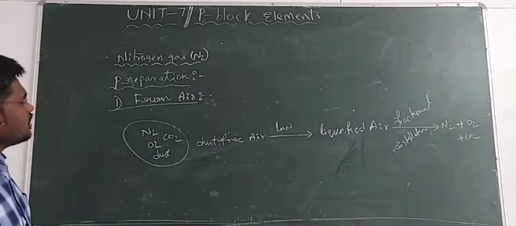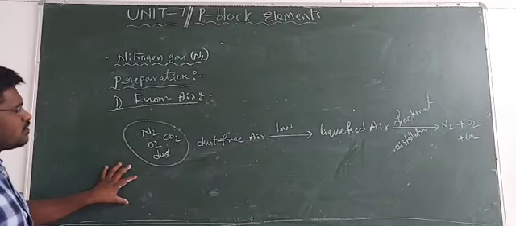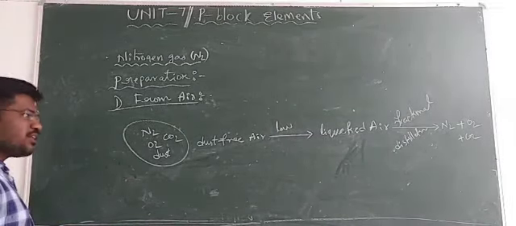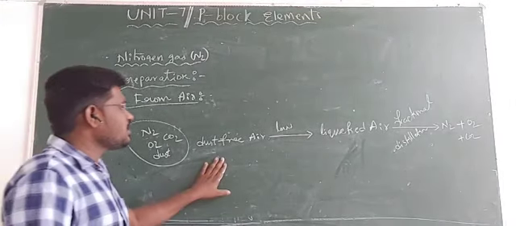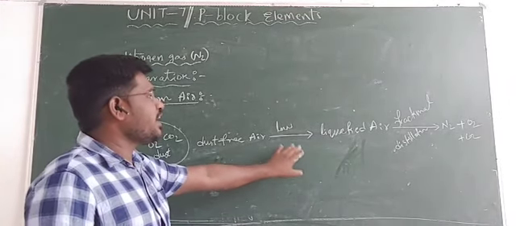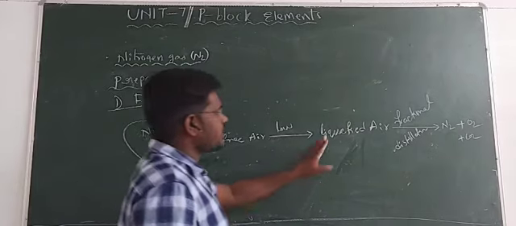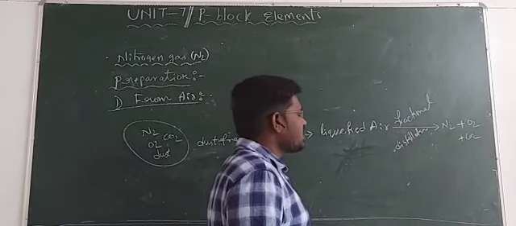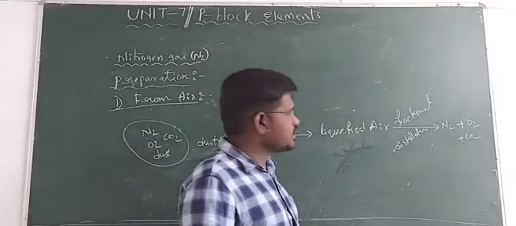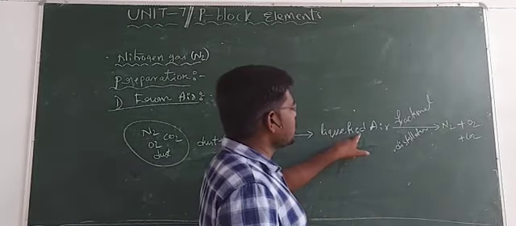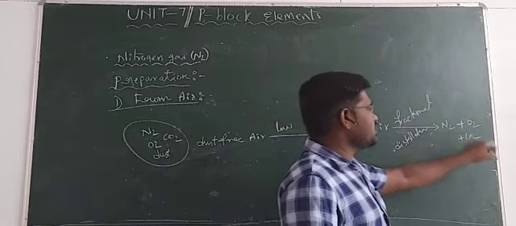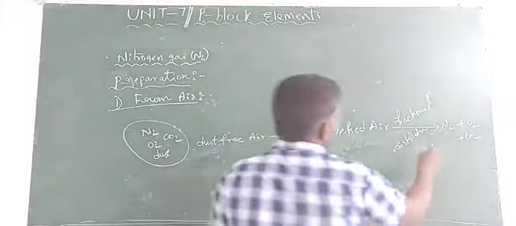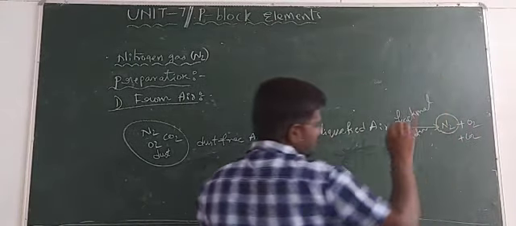First, air should be freed from dust by several physical methods. After that, dust-free air is liquefied at very low temperature, and the liquefied air is subjected to fractional distillation. Here N2 is our desired product.